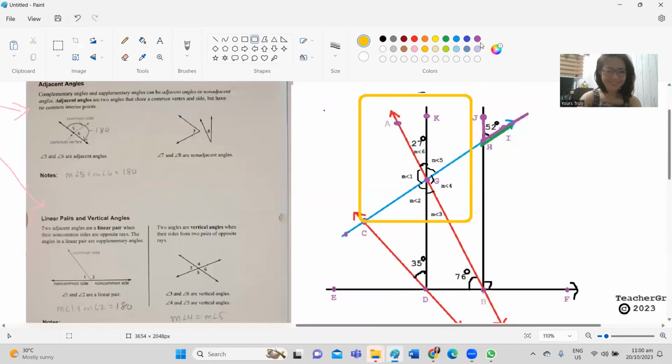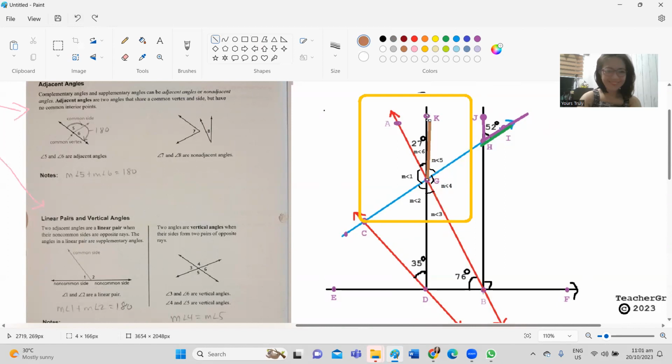Let's check. Okay, let's start here. Let me use the brown one. Here and here are opposite lines.